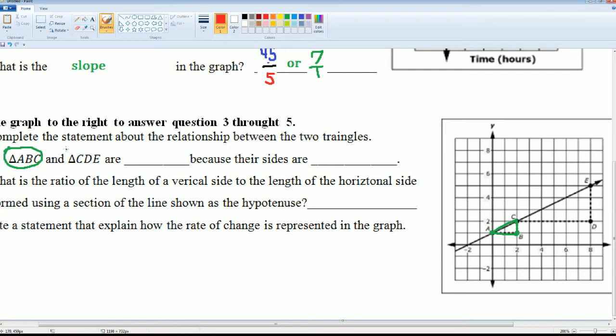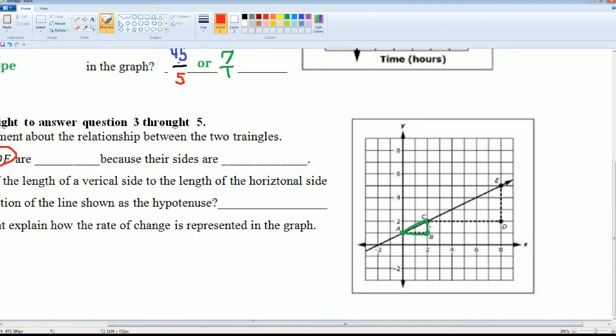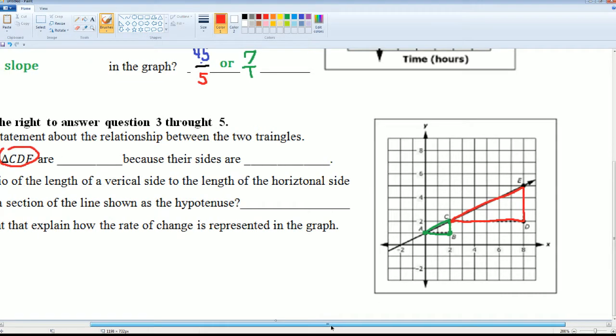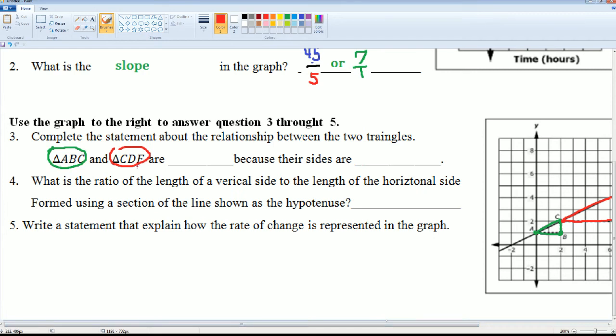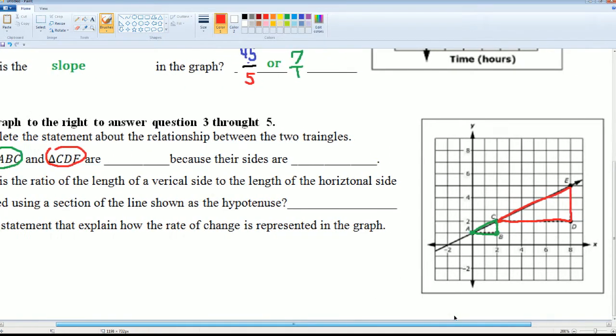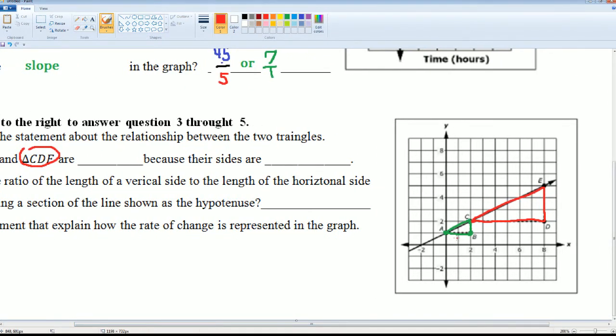Let's color code that. Where's CDE? It looks like it's right here. So C, D, E, and close it right there. Good. Okay, the blanks are there because their sides are blank. Oh, they're not the same size, but they are the same shape.